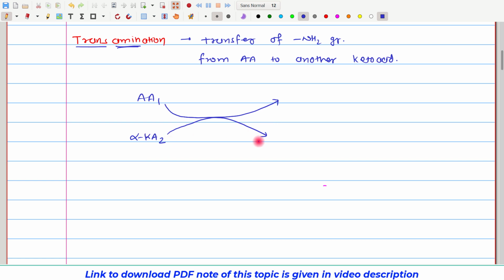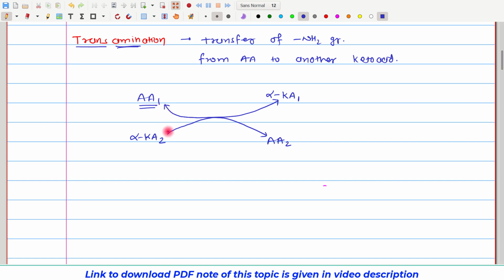Alpha keto acid 2 now gets converted to another amino acid, amino acid 2. And amino acid 1, after losing its amino group, gets converted to its respective keto acid, let us say alpha keto acid 1. This reaction is called a transamination reaction.